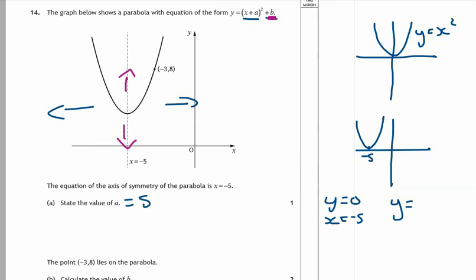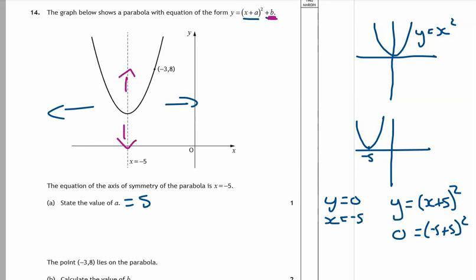So if I said that y is equal to (x plus 5) squared, would that be correct? Well, if y is 0, -5 plus 5 gives me 0. So yeah, that seems okay.